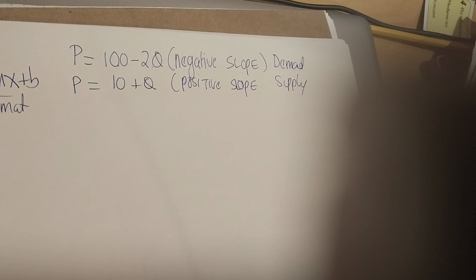So if there's a higher price, I want to sell more to you. It's like if I offered you a higher price for something, you might want to produce more of it. And the negative here means basically the higher the price, the less I want to buy. Okay?